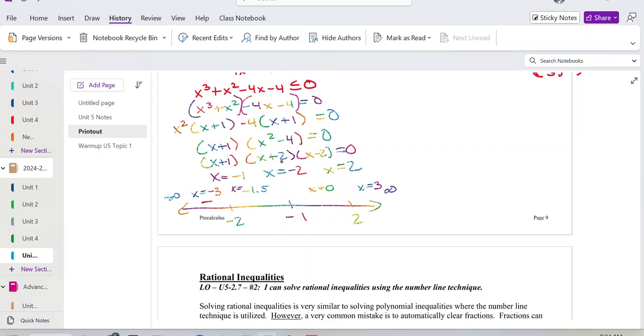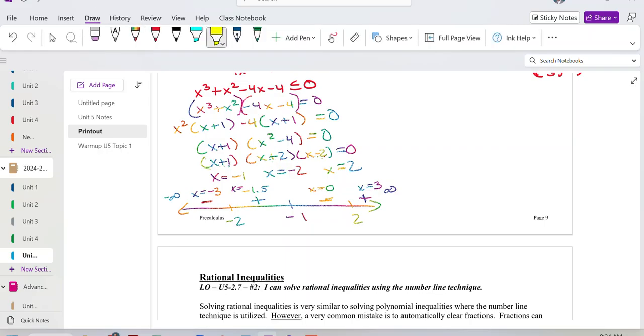That's positive here, so negative times positive is negative, times negative gives you a positive. When you put 0 in, it's positive, positive, negative, so it's going to be negative. And then 3, when you put it in, it's positive, positive, positive, which means it's positive.